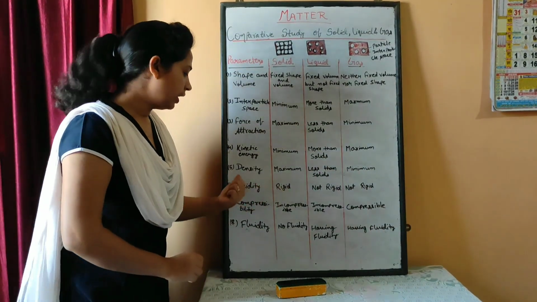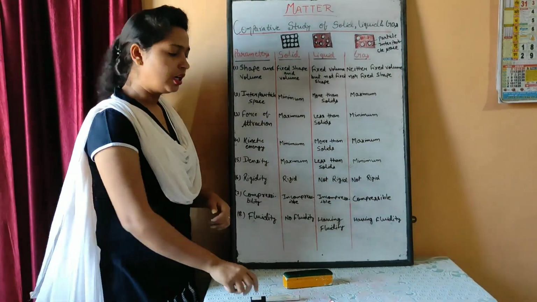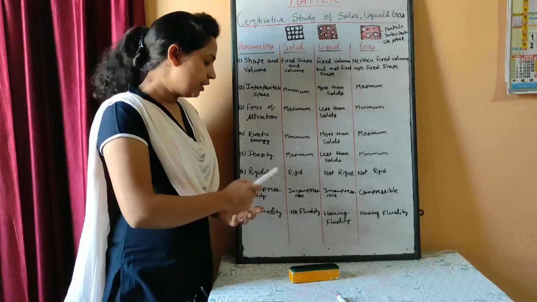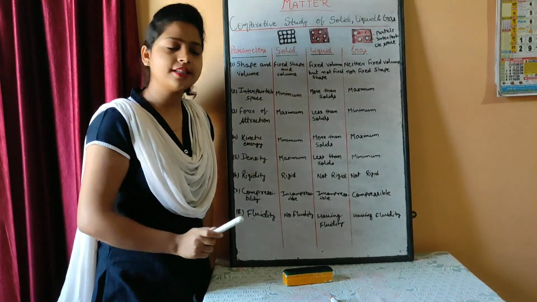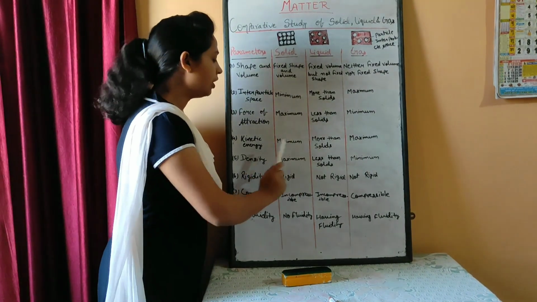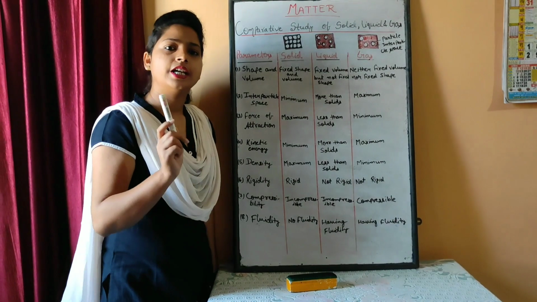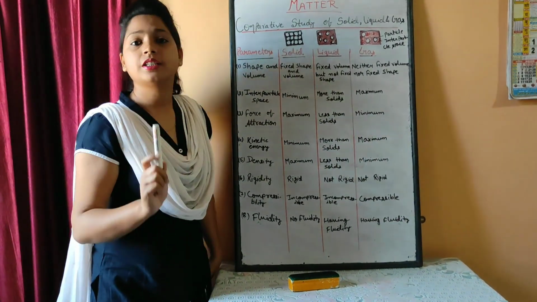Correct? Now, the next parameter which we have is density. What about the density of the three states of matter? The density of the solid state is maximum, which we have already discussed, and the density of the liquid state is less than the solids. It is because of the mass and the volume.